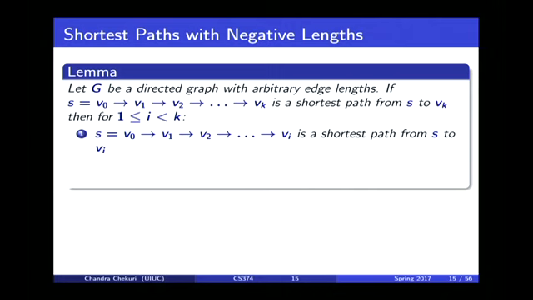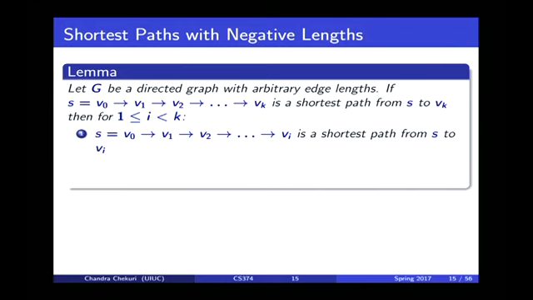So let's look at a shortest path from S to some vertex, V0 to Vk. Even when there are negative length edges, it still remains the case that if this is the shortest path from V0 to Vk, then a prefix of the path is a shortest path from V0 to Vi.